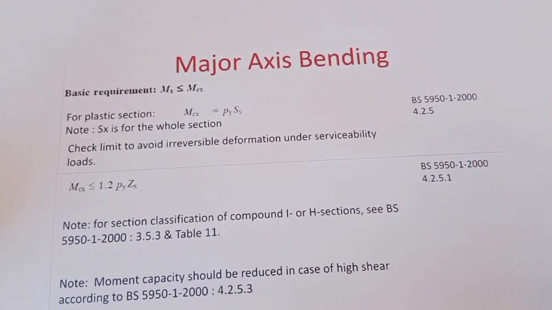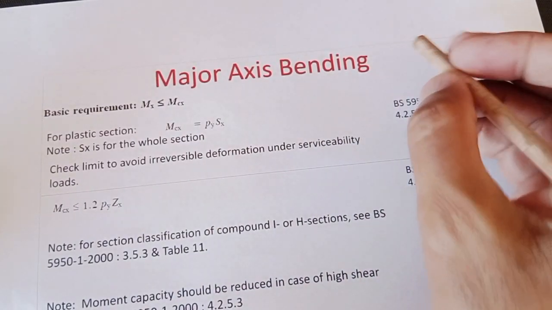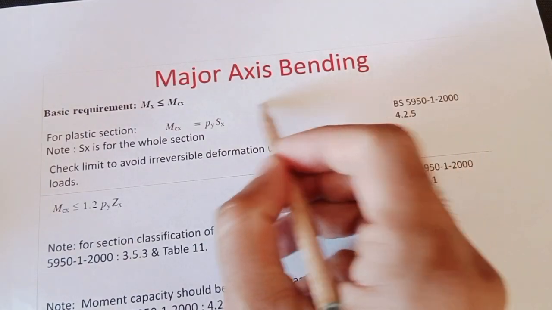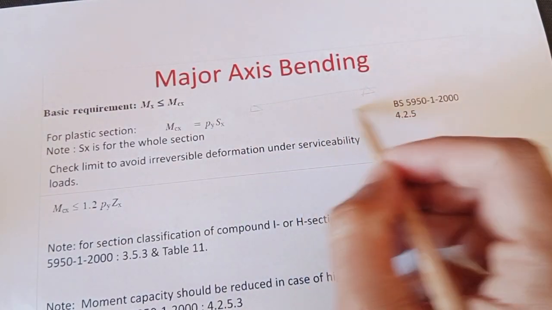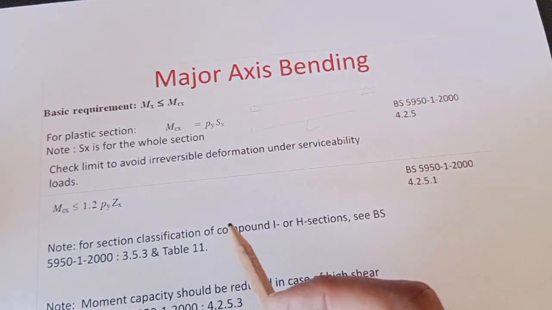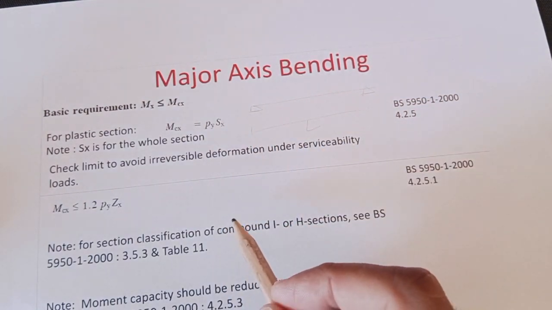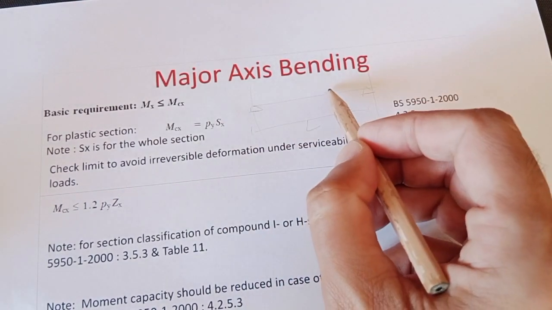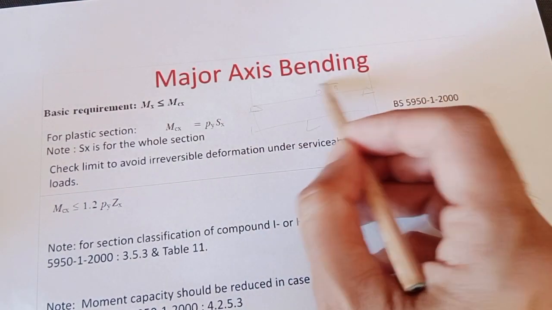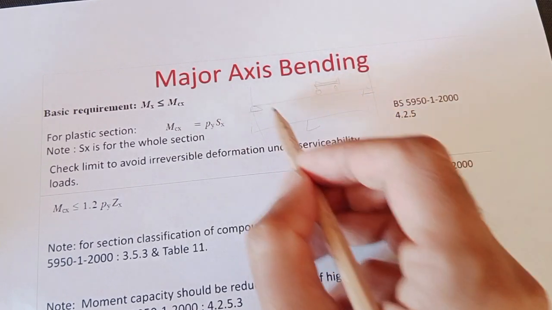So for major axis bending, let's say that we have supports here for L, that was the distance between supports on the columns here, and this rail is moving along this one.